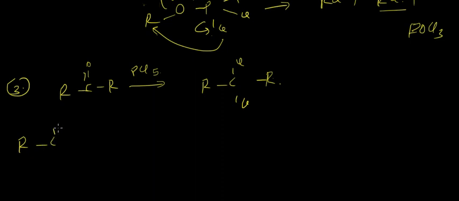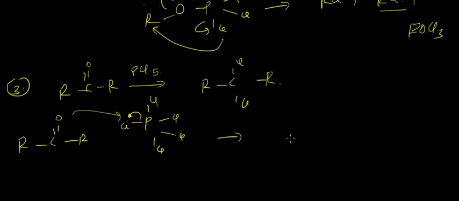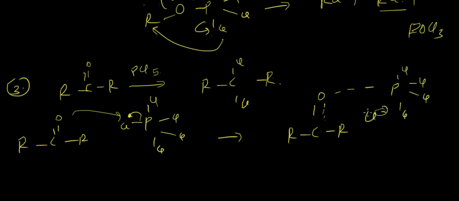Suppose we have O, R, this O will actually attack on PCl5, and what will happen is this Cl will withdraw its electron, and the O will form a partial bond between itself and the P atom. Okay, and the Cl minus will attack on this carbon atom in the next step, since this bond is on the verge of breaking itself.